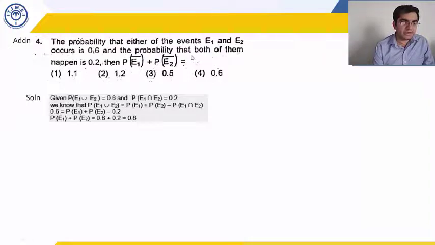And you are given probability that they both happen, that is E1 intersection E2 is 0.2. So now we know the formula. We know that E1 union E2 is equal to probability of E1 plus probability of E2 minus E1 intersection E2. So we get the value of probability of E1 plus probability of E2 as 0.6 plus 0.2, that is 0.8. Please write till here.